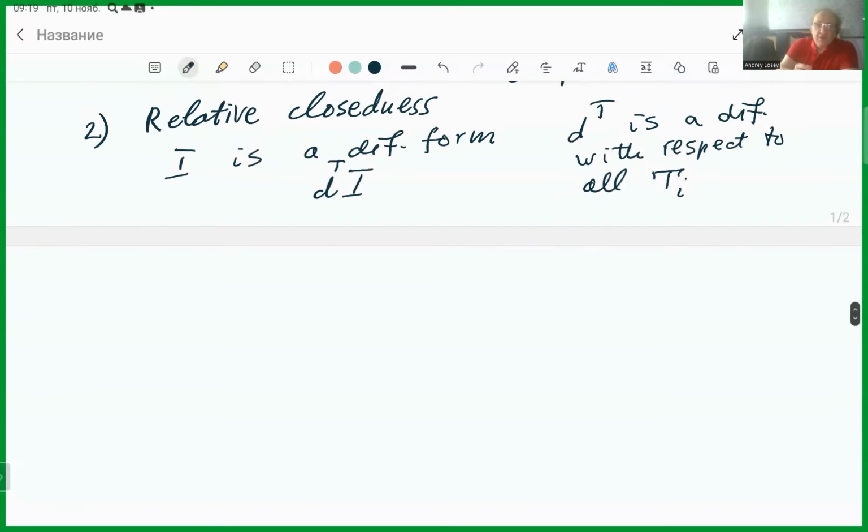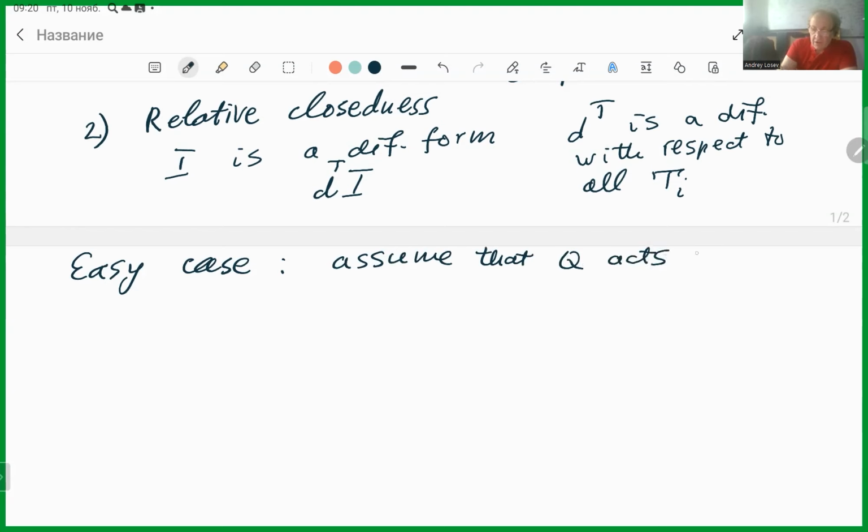I want to go from easy to hard. Easy case. Assume that Q acts by zero on VAC. Okay?